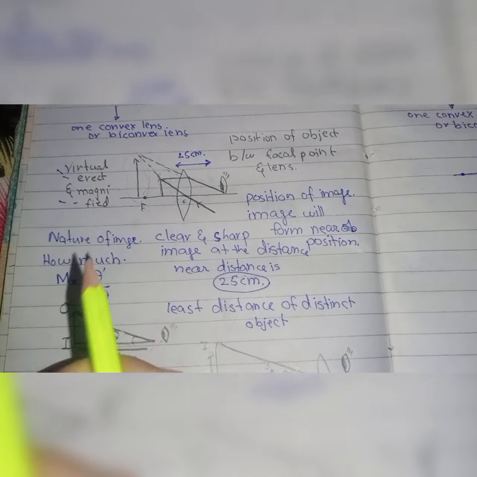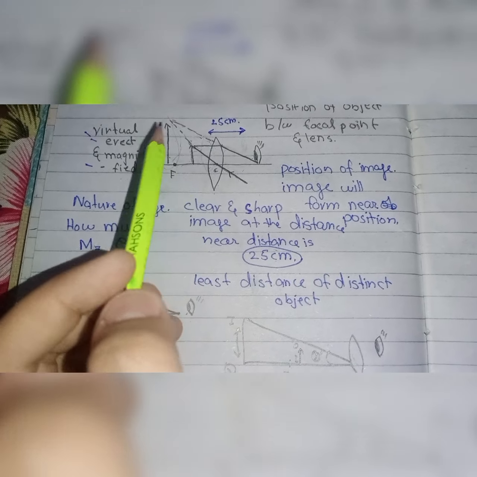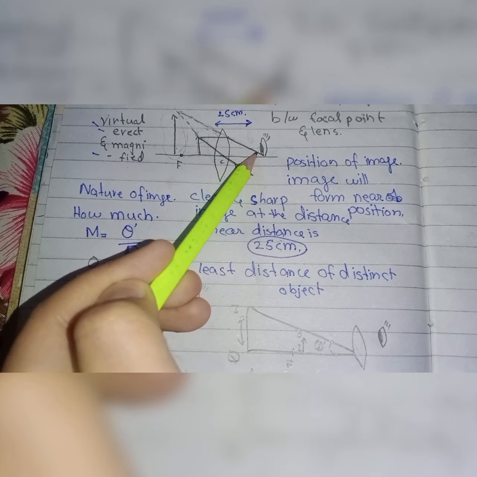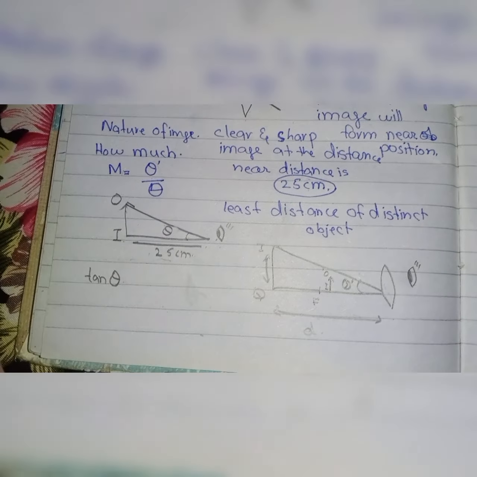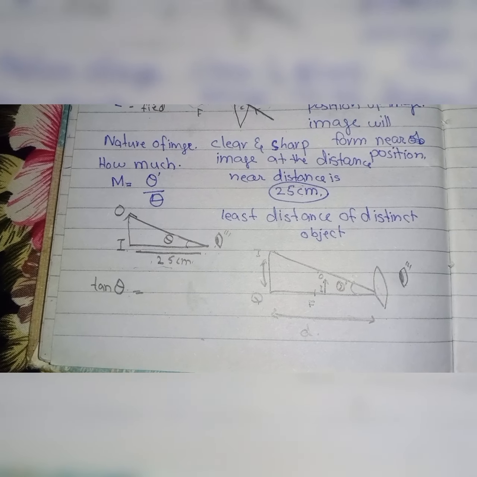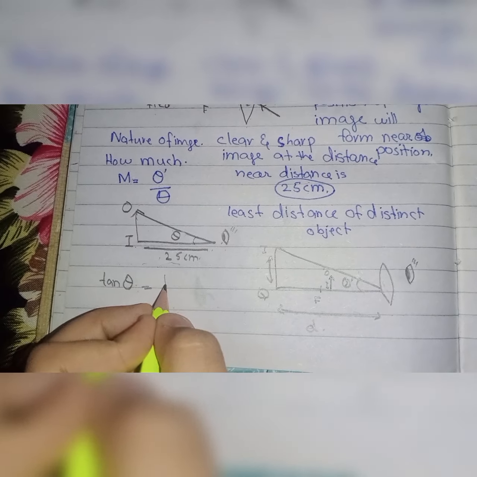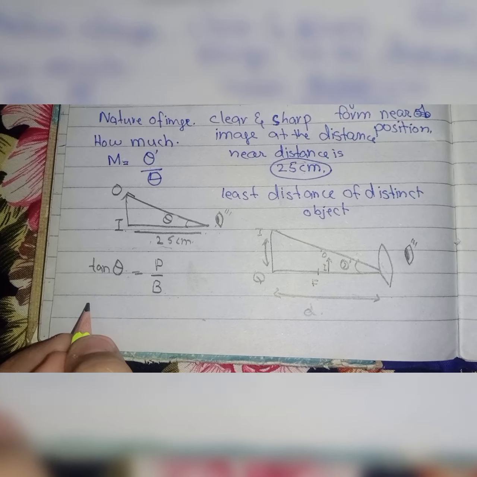Because here we are measuring the base and perpendicular, and there is no hypotenuse known. As we know, where we have base and perpendicular we use tan theta. Tan theta is equal to perpendicular upon base, so for that we have applied tan theta.